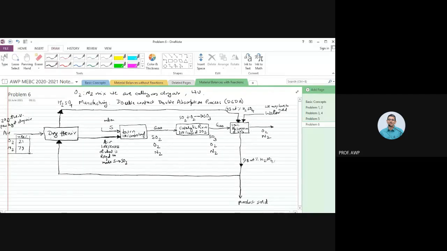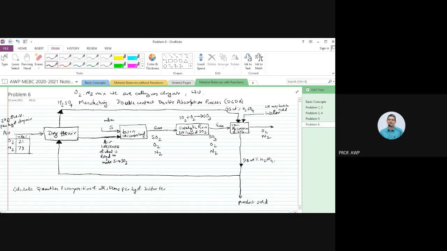So calculate quantities and compositions of all streams per kg of sulfur fed to the burner.